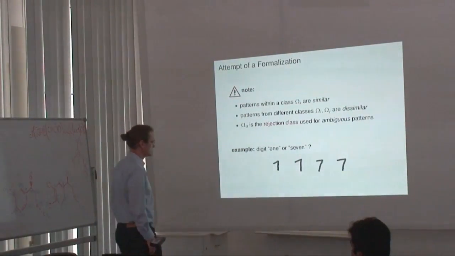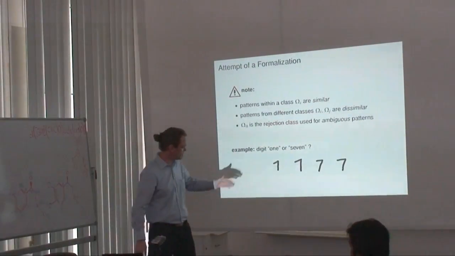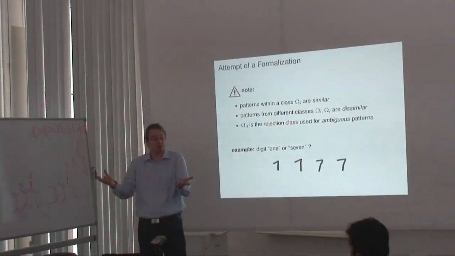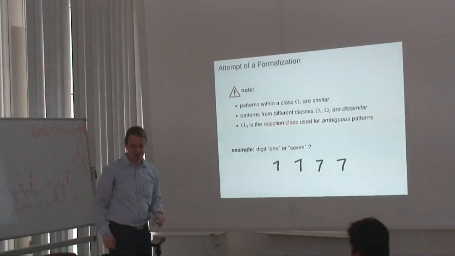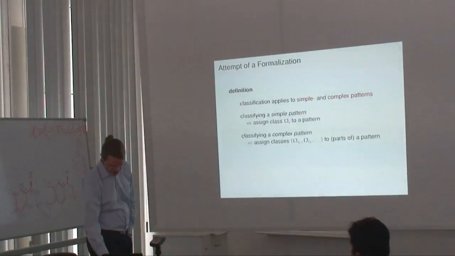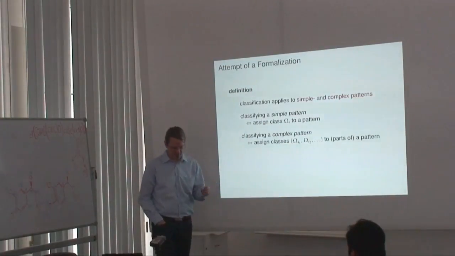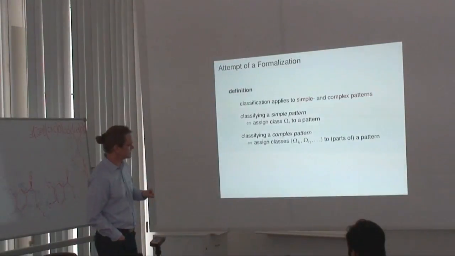If we were to ask, I don't know, how many vertical and horizontal bars are in this pattern, there's a different kind of classes we could ask for, then it becomes a complex classification task. That is to say, we would assign different classes, say vertical bar and horizontal bar, to these patterns.